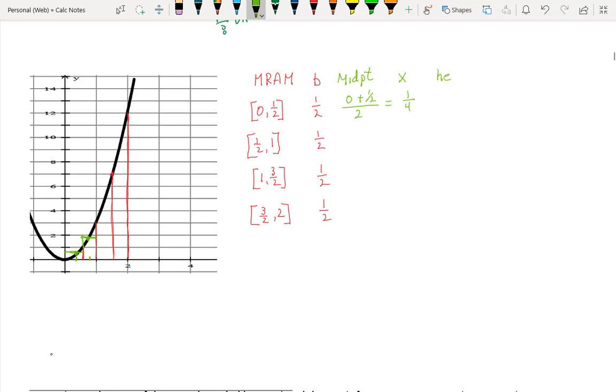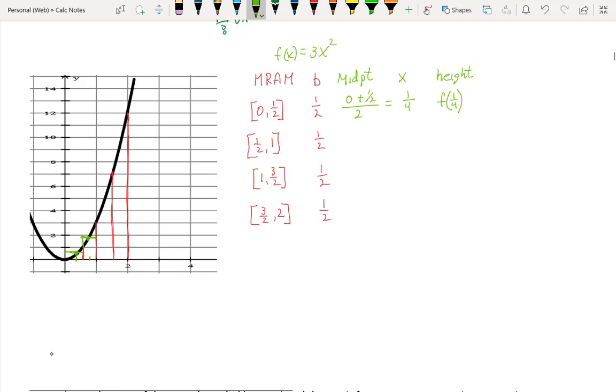The height is the y value when x is equal to 1/4. So the height is f of 1/4. Okay? So if we plug in 1/4, and again, I'm going to bring down my function here. This was f of x equals 3 times x squared.